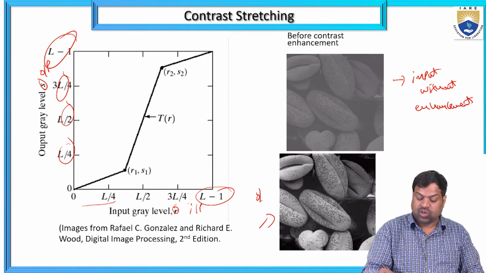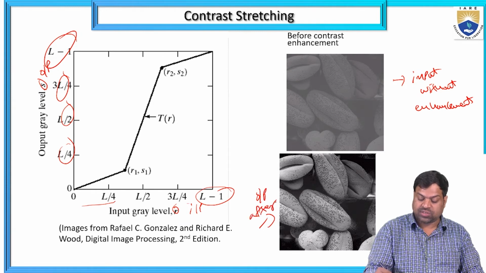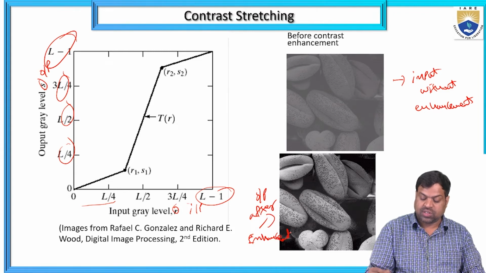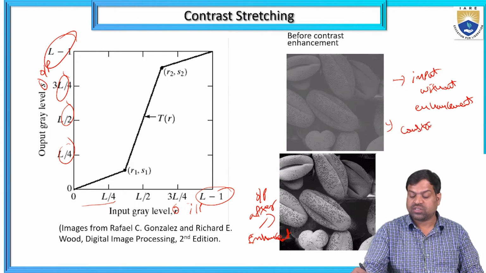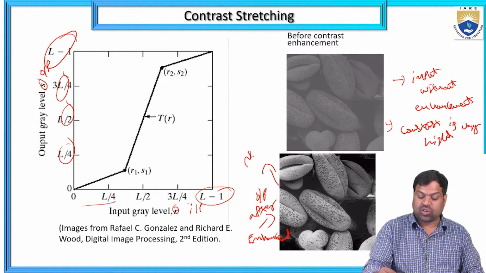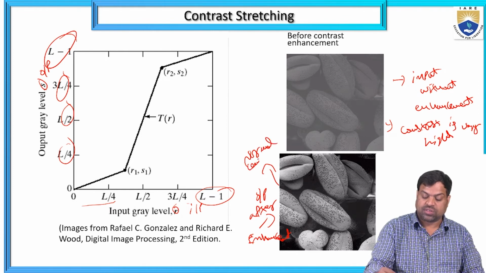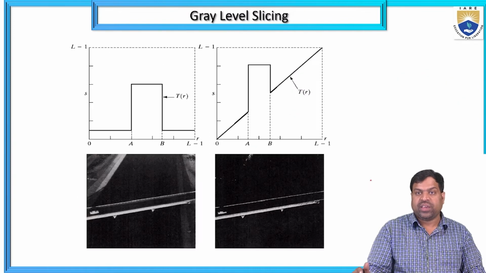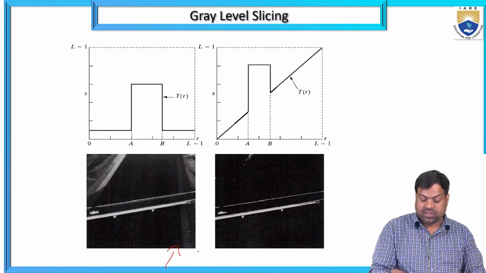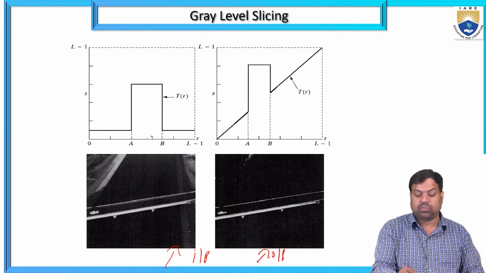But here is the output after enhancement. So what is the difference? Here the contrast is very high. Here I am getting the normal contrast. So here it is the input and output function. Here the contrast adjustments are there from the input to the output.